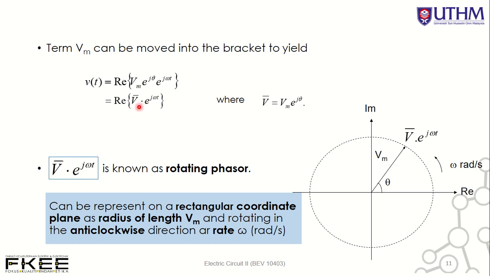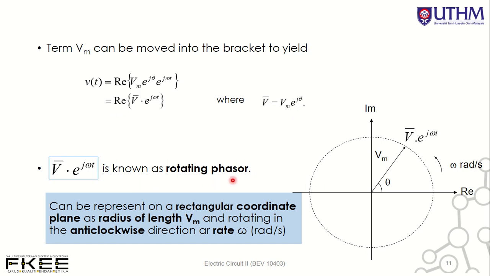But we have a V here. This V we call the stationary phasor, because we don't have a function of time here. This V equal to Vm e^(j theta) we call the stationary phasor.